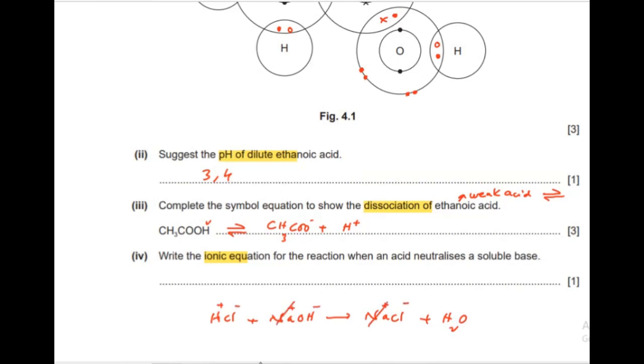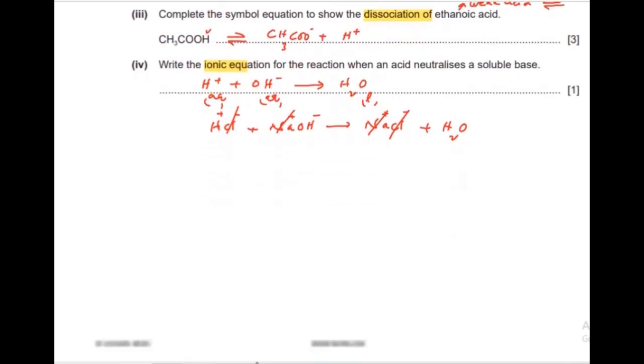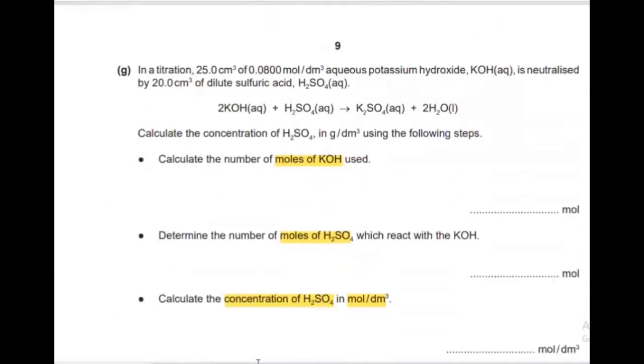Na positive and Cl negative are spectator ions. This is the ionic equation of neutralization: H positive aqueous plus OH negative aqueous gives water liquid. When you skip the spectator ions, you get the ionic equation of neutralization.